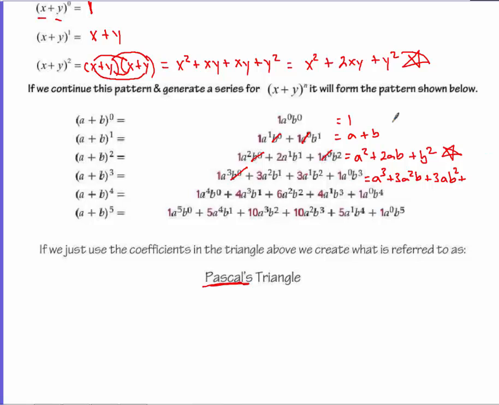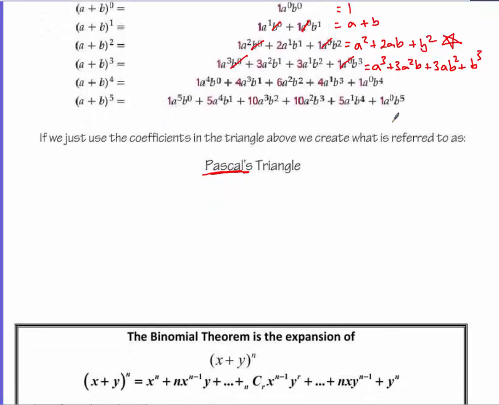All right, so we do our 3a to the 1 b squared plus 1a to the 0, that's just 1, b cubed. So if you had to do a plus b cubed and you didn't have time to FOIL it all out and you remembered this pattern, you could just write down the answer just like that. And that's what we're going to learn how to do.